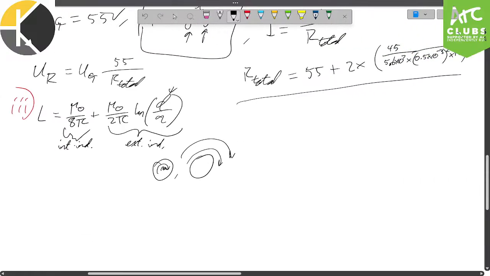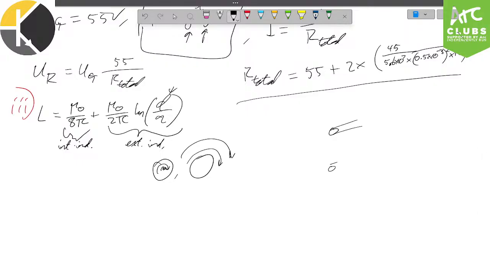What we have instead, I'm going to draw it like this. Here's our top line, and here is our bottom line. Something very cool is if I draw a circle, I can apply the, I believe it's Ampere's law. So first or second postulate of the magnetostatics.